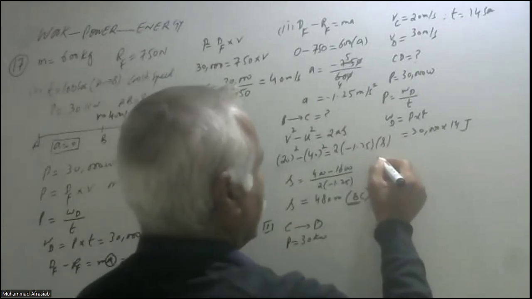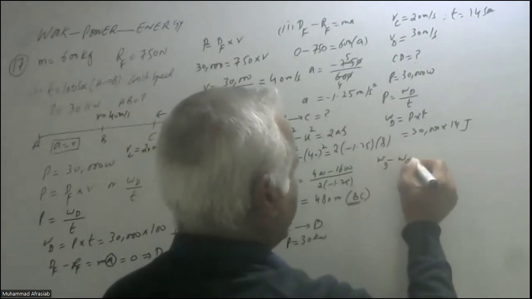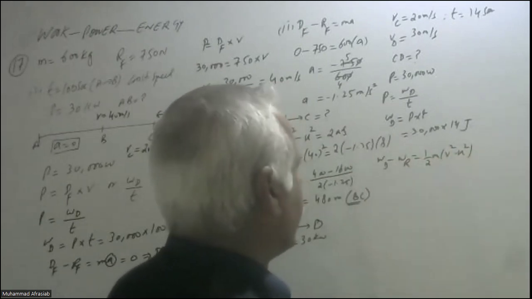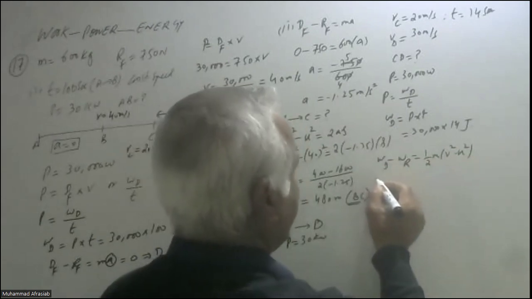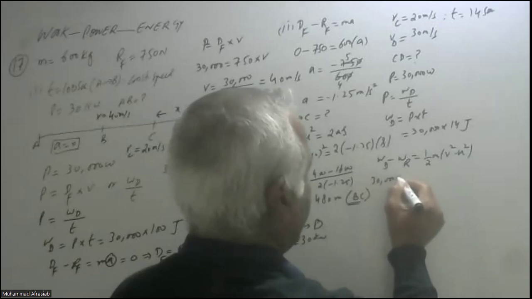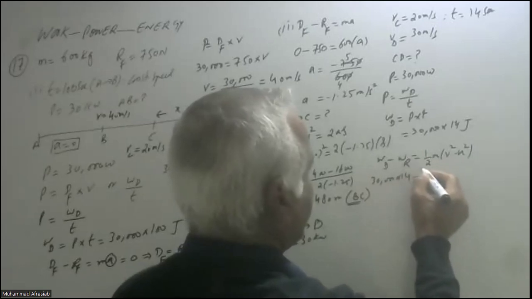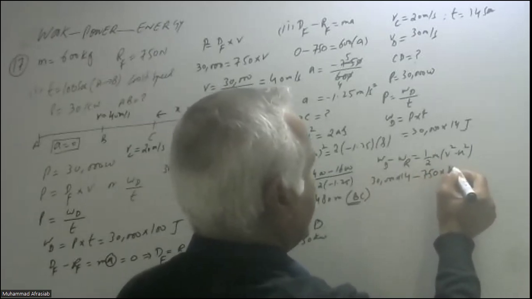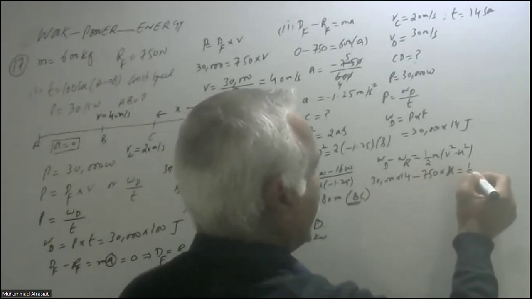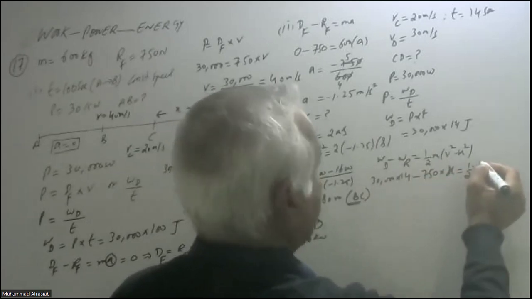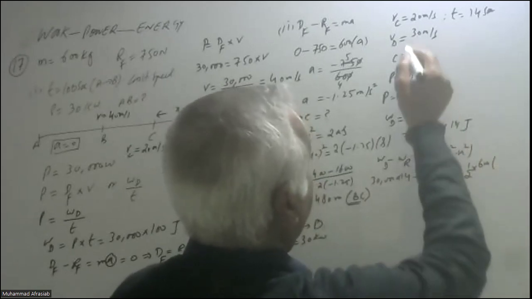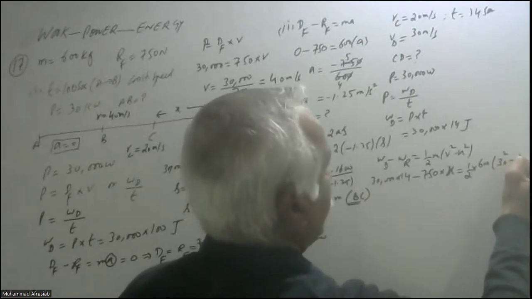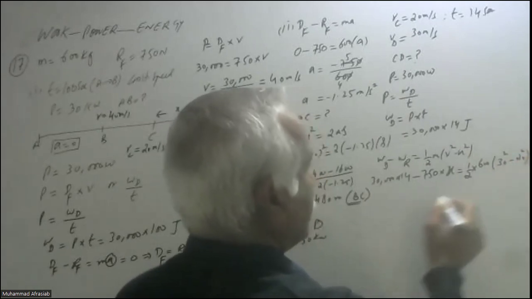So we can use this equation: work done by the driving force minus work done by the resistive force is equal to the change in kinetic energy of the system. Work done by the driving force is 30,000 times 14, minus work done by the resistive force, which is 750 times x, equal to half times the mass of the car, 600, times v squared at D, 30 squared, minus v squared at C, 20 squared.